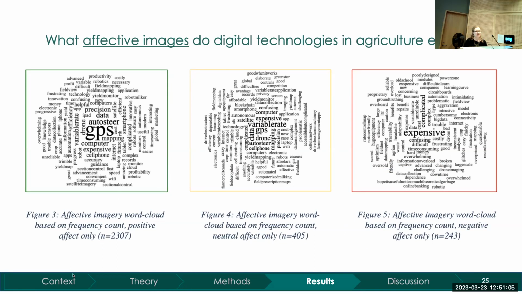Variable rate is an application of digital agricultural technologies. But when we looked at only the ones that were labeled by farmers as extremely or somewhat negative, then we see almost all adjectives, things like expensive, complicated, time, or oversold, more critical words.